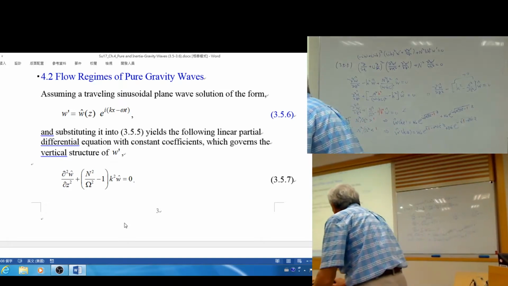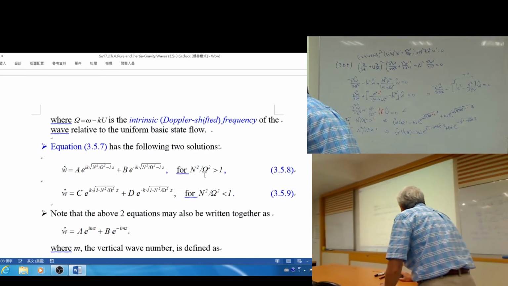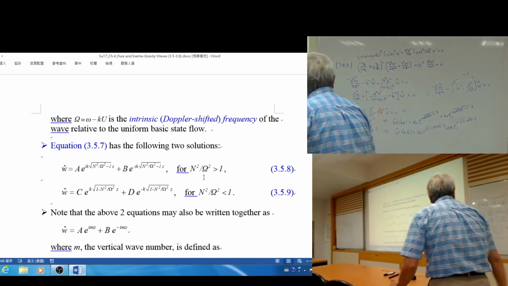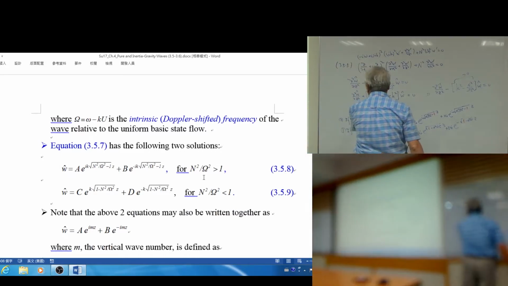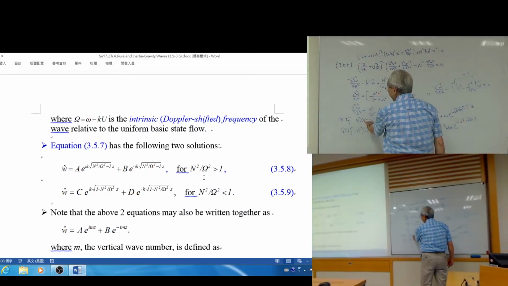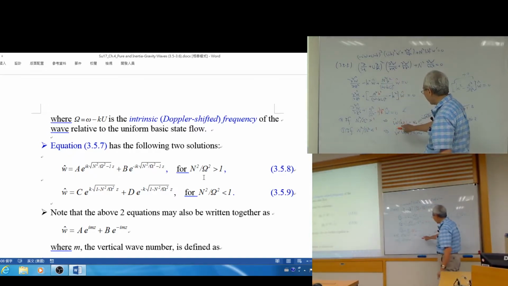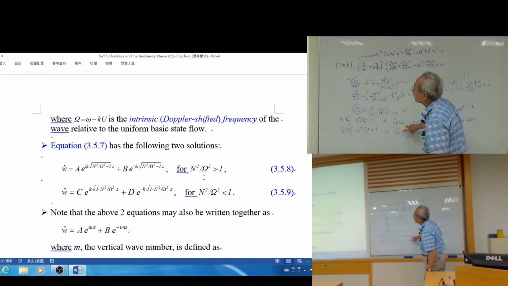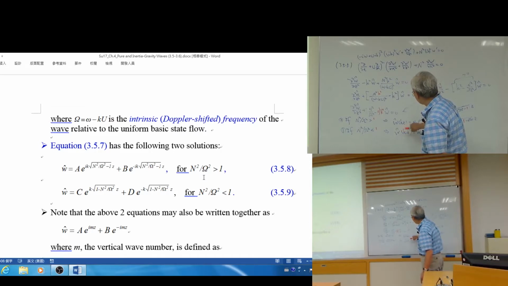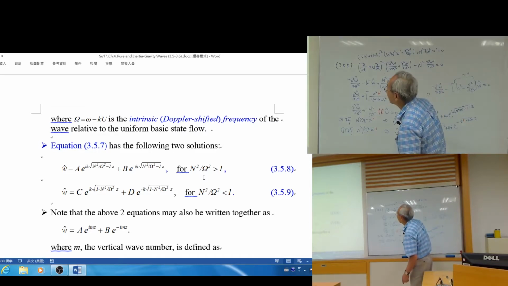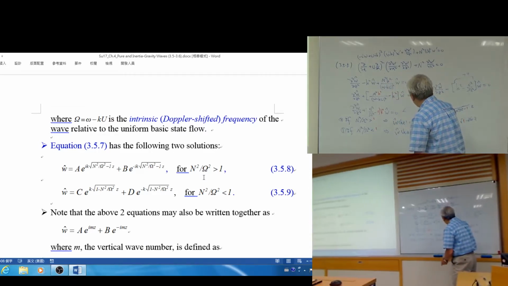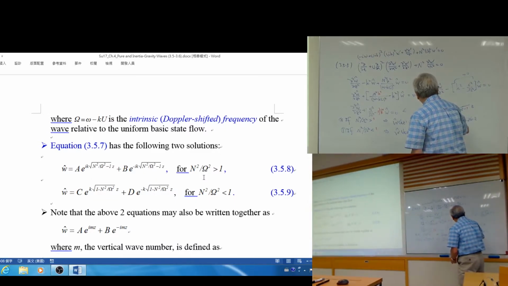Now let's take a look here. So n square over omega square greater than 1, then we have this second case. We have AP, to be consistent with AP here.